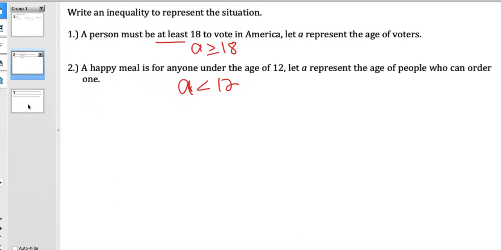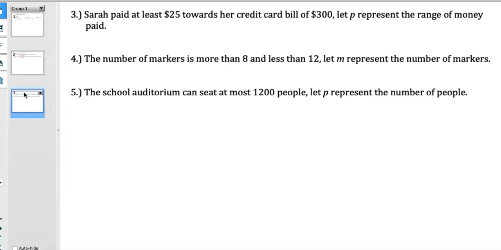All right, so example number 3 here is an example of a compound inequality because I have 2 boundaries. Sarah paid at least $25 towards her credit card bill of $300. So her bill started at $25.